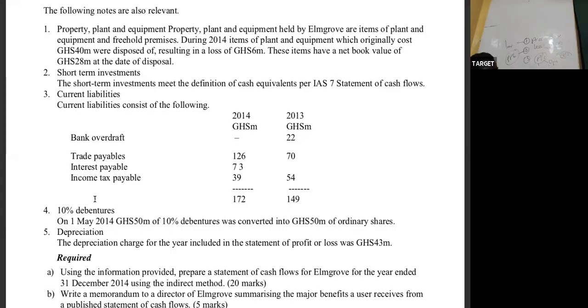Okay, so let's go to the next note. Note 2, short-term investment. They say the short-term investment meets the definition of cash equivalent per IAS 7 statement of cash flow, meaning that if you are looking for the cash and cash equivalent, kindly add the short-term investment.